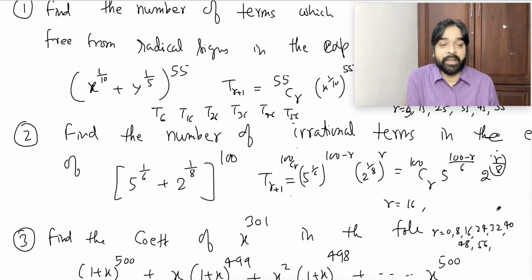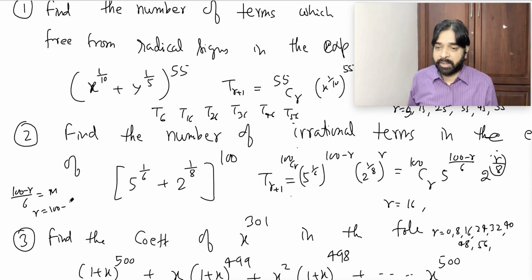I will not write everything. You have to check that this is also going to be an integer. Can we do it logically, because this is becoming lengthy? One minute. (100 minus r) by 6 must be equal to some integer, let's say M. So r must be equal to 100 minus 6M.